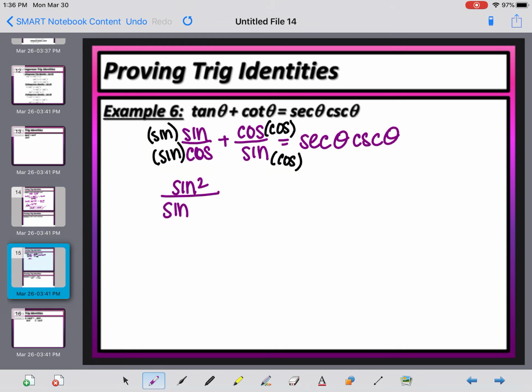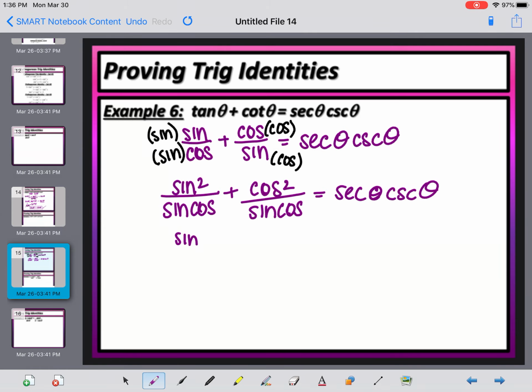So multiplying this out, I have sine squared over sine cosine, and I have cosine squared over sine cosine. Now I can add these two fractions together, so sine squared plus cosine squared.